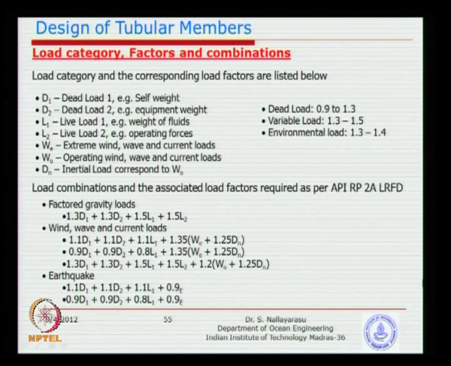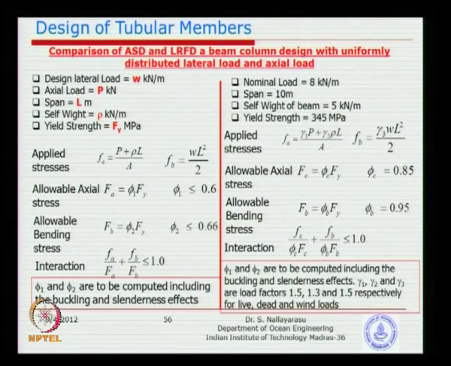So, by this time I think you should have a clear picture how the allowable stress design works and the LRFD design works. So, a simple comparison, I have given you a simple example summary of both the methods. I think you can easily understand what we have is load and a span and basically the strength. The normal procedure is what you follow when you are looking at the allowable stress design.